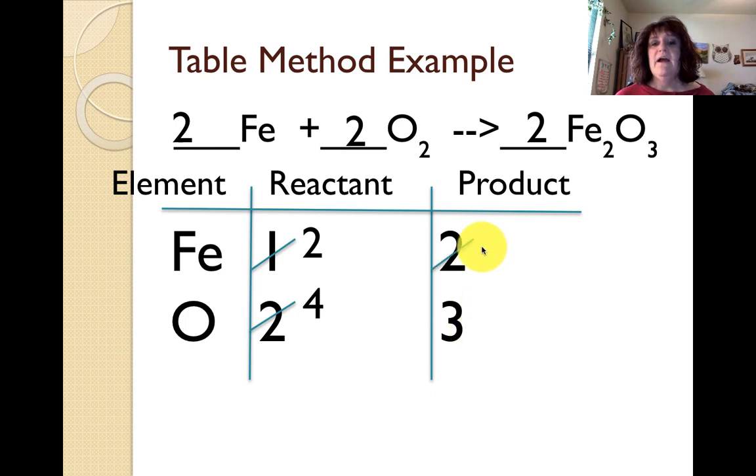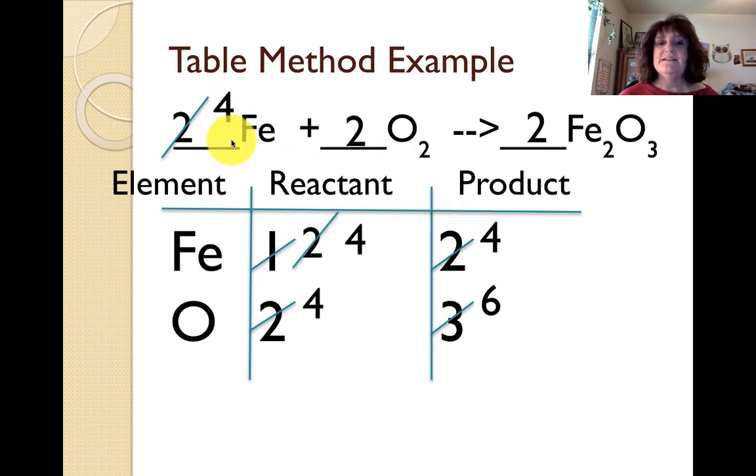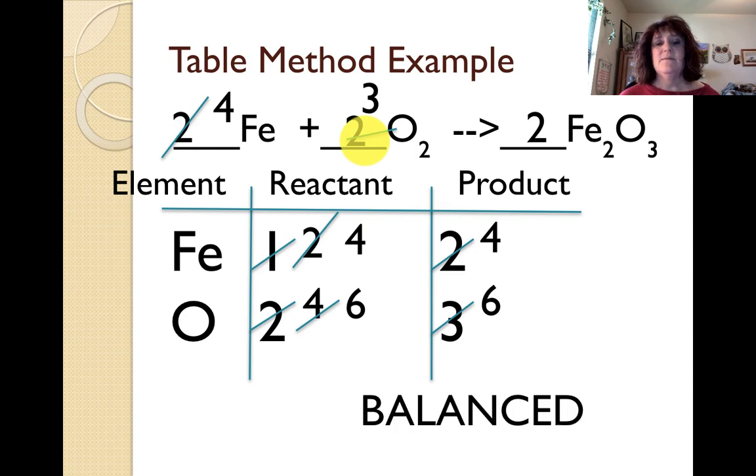So I now have 4 iron and 6 oxygen. But now my iron doesn't match. So I cross the 2 that I put there. This is why the song says use a pencil. And put a 4 and change my table. But now I need to fix this. So I cross out the 2, change it to a 3. My table now becomes 6 oxygen. And it is balanced.